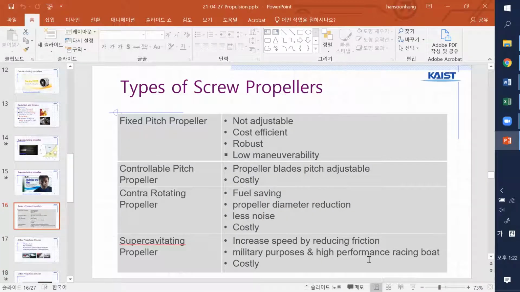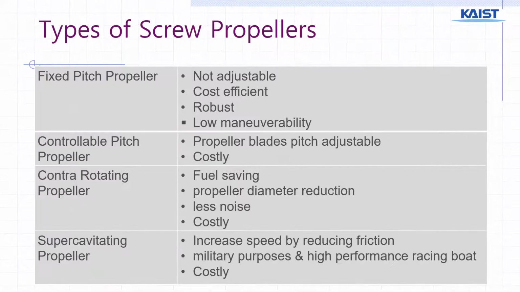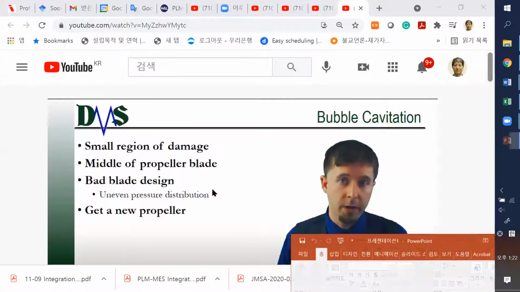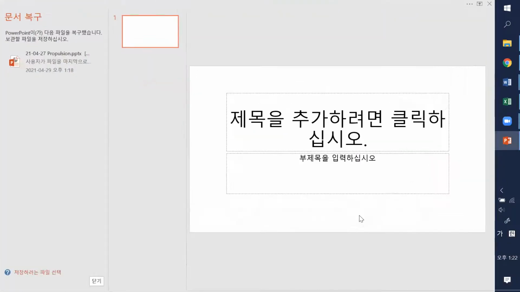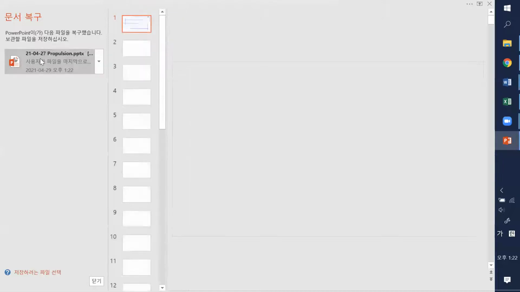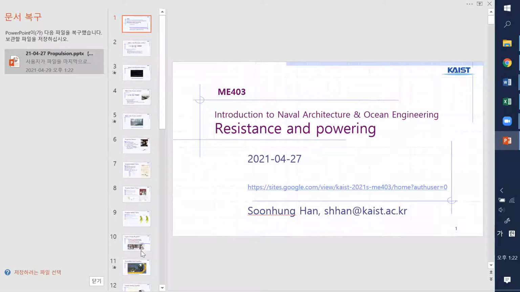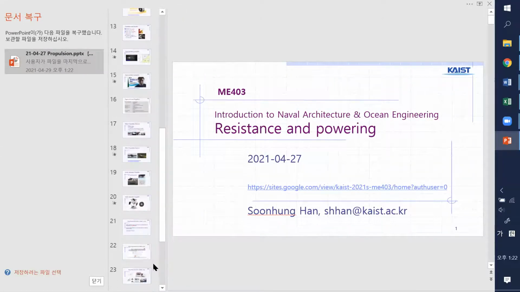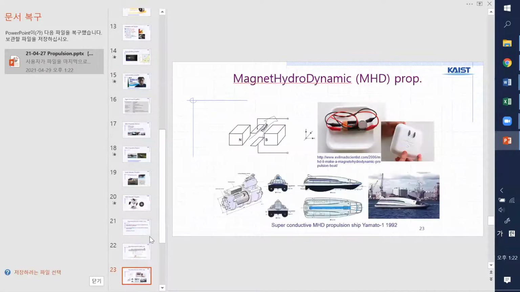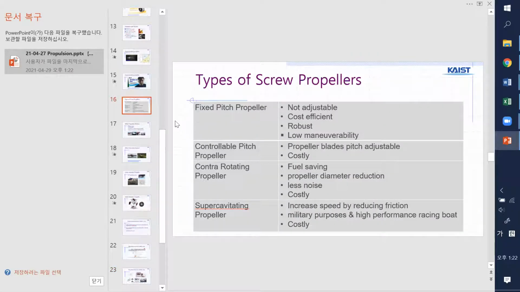So again, the screw propeller has fixed pitch, controllable pitch, contra-rotating, and supercavitating types.